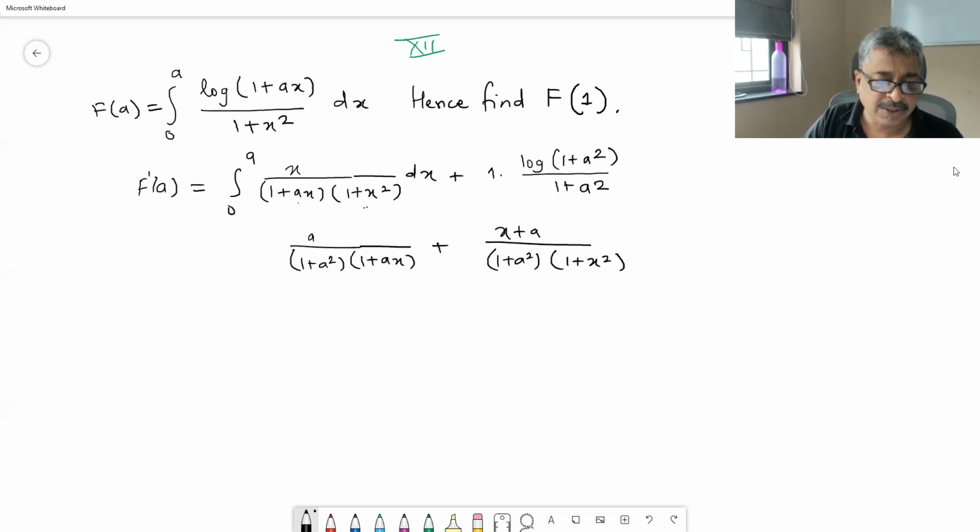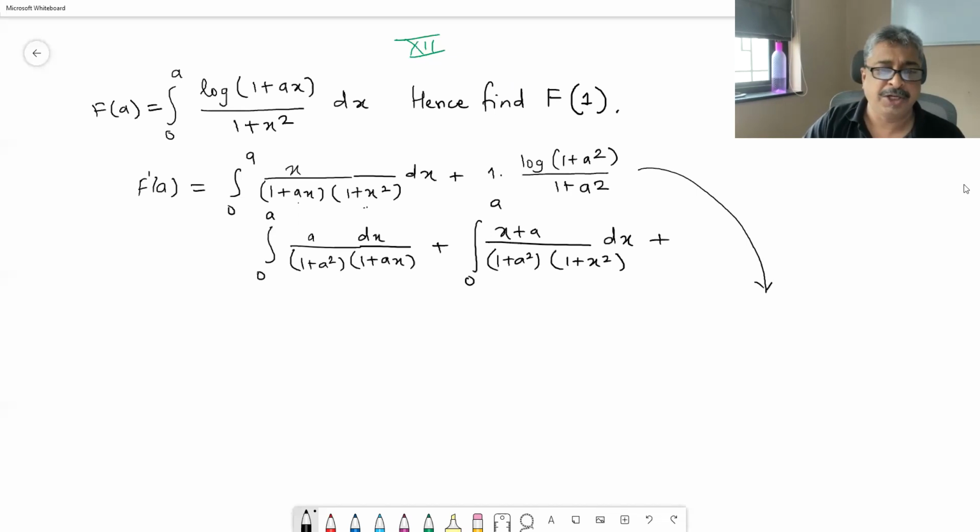You are supposed to integrate this from 0 to a, dx, plus the last term as it is. This term will continue till you finish the integration.